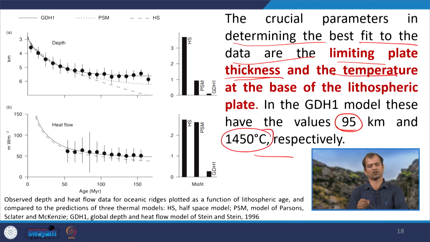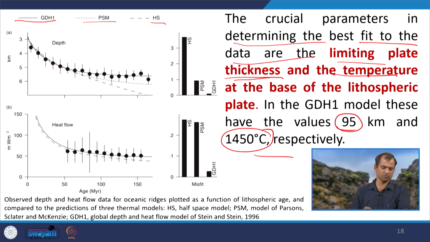Now, if you see this observed and calculated value, there are three: one is GDH1, the solid line, then the PSM model, the dotted line, and the HS model, this other line. The observed and the calculated ones are fitting best with the GDH model.